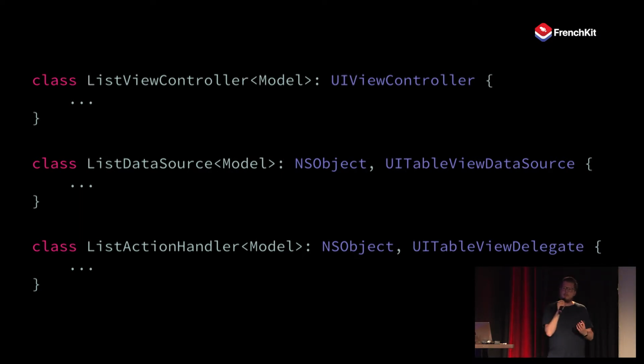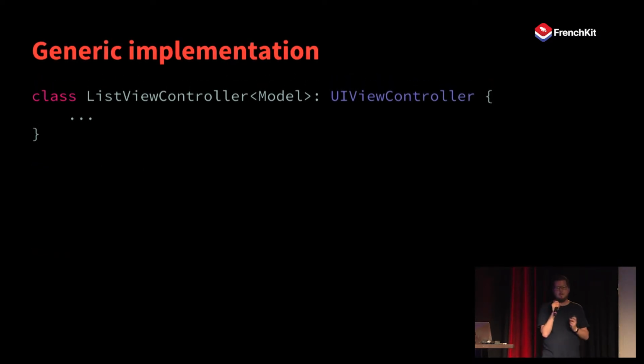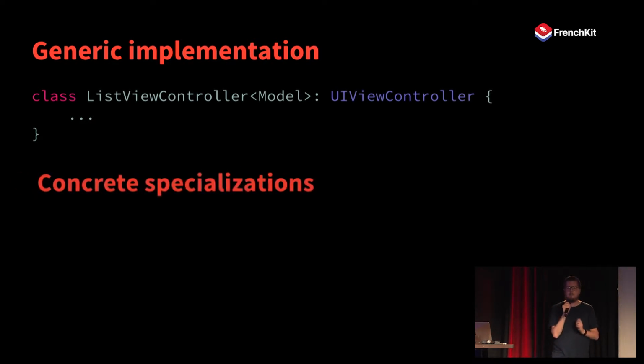So this is something that you might have heard about before, or you might have used a base class before to achieve the same thing. But using generics in this way can be really, really nice and really powerful for a good reason. And that is that you can use a generic implementation that covers all of the boilerplate, all of the common use cases, but you can have concrete specializations.